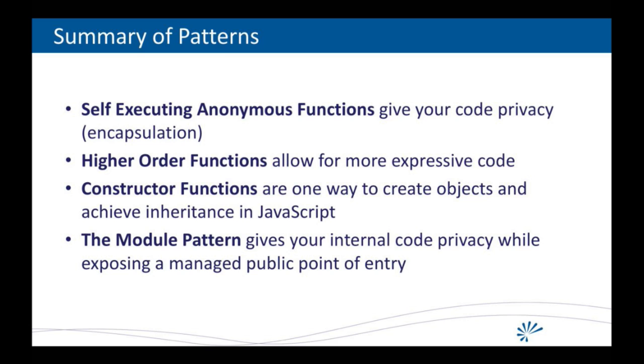We talked about constructor functions and how that's one way to create objects and also create object-oriented programming and inheritance. And then we talked about the module pattern, which creates encapsulation and hiding, but also allows for a public access modifier or a publicly available object as a managed entry point to your application.